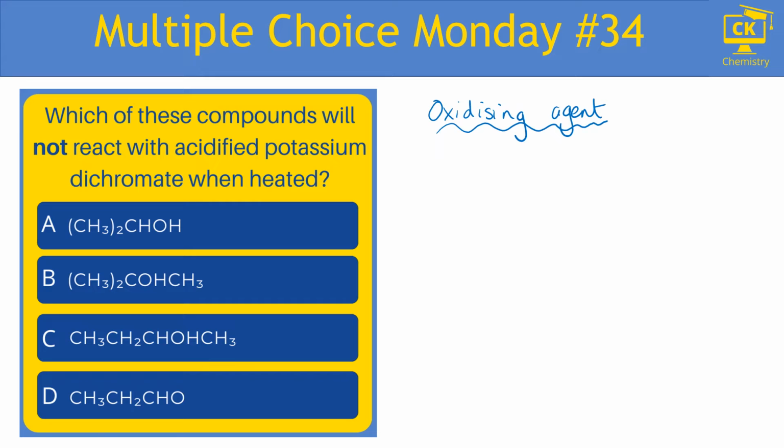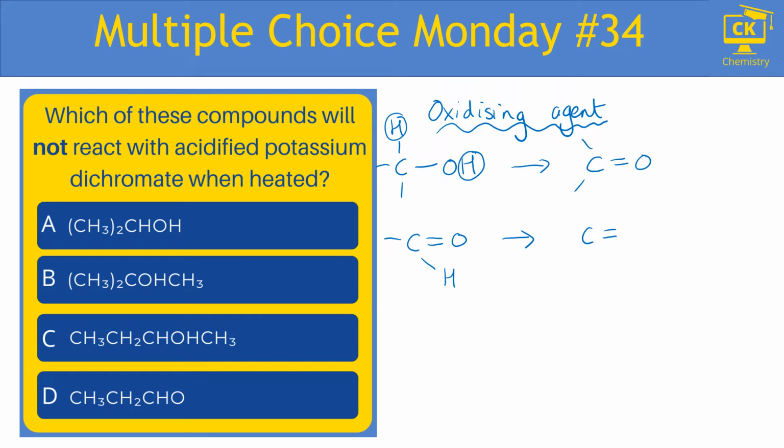So dichromate takes an OH group and removes a hydrogen from the OH and a hydrogen from the adjacent carbon to make a C double bond O, and it is also able to react with aldehydes to make a carboxylic acid. So it has two things it can do.